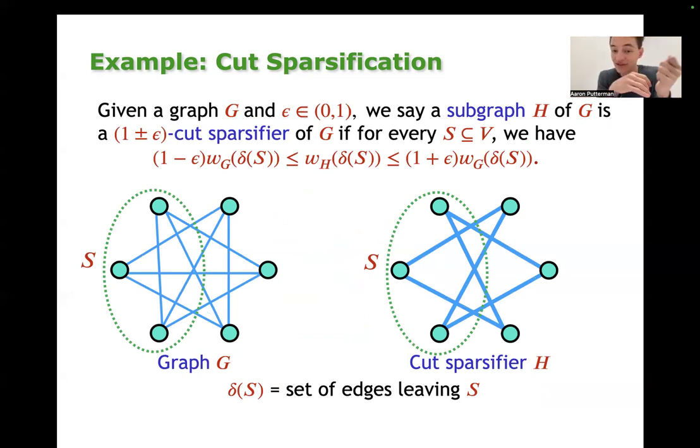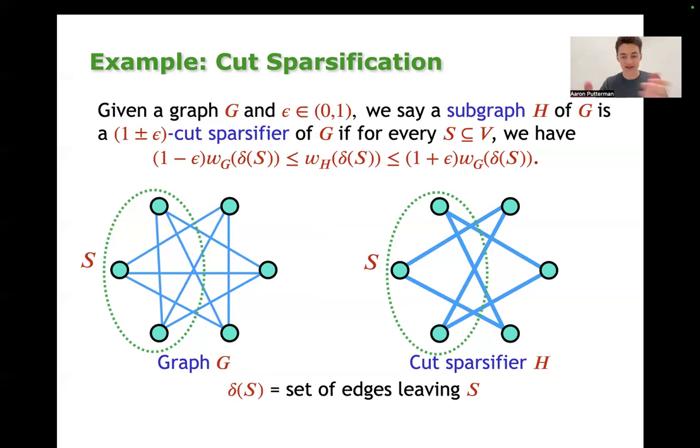If you're given your graph G and a value of epsilon in (0, 1), we say that a subgraph H of G is a 1 plus or minus epsilon cut sparsifier of G if simultaneously, for every single cut in the graph, the weight of the cut in H is within a 1 plus or minus epsilon factor of the weight of the cut in G.